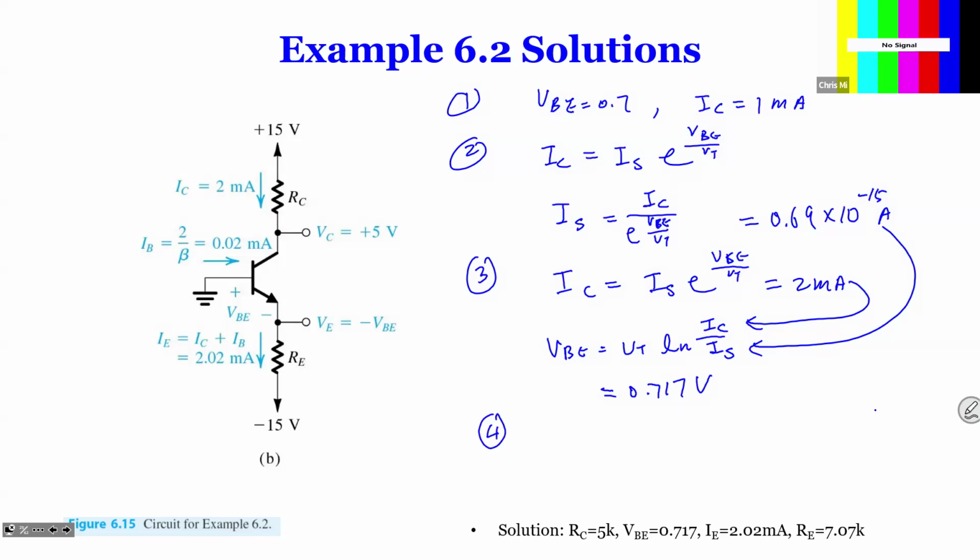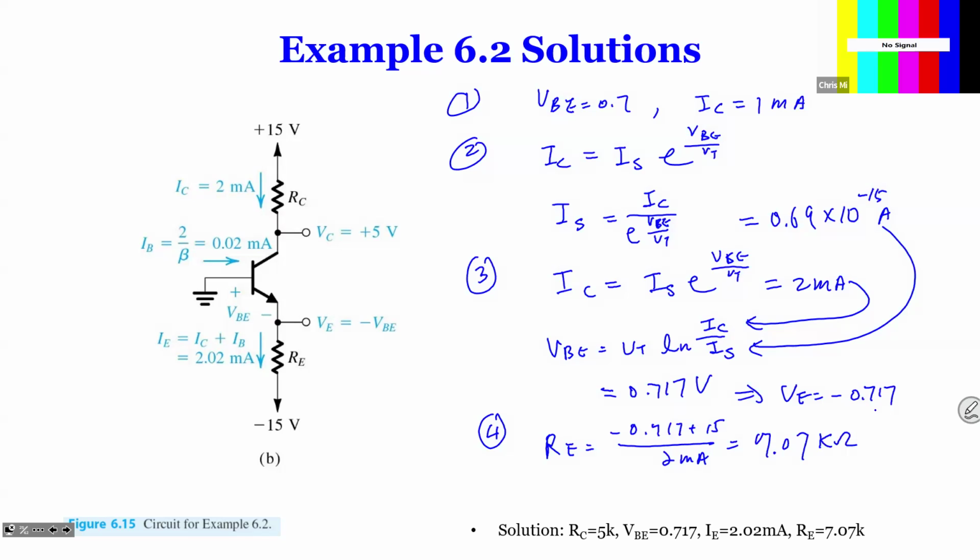So now you got RE equal to, from here, VE equal to minus 0.717. So now you have 0.717 plus 15 divided by 2 milliamps, and you got a number which is 7.07 kilo ohms.